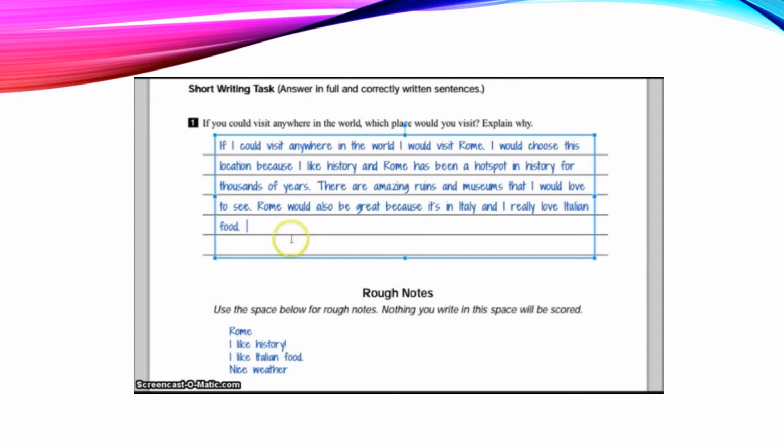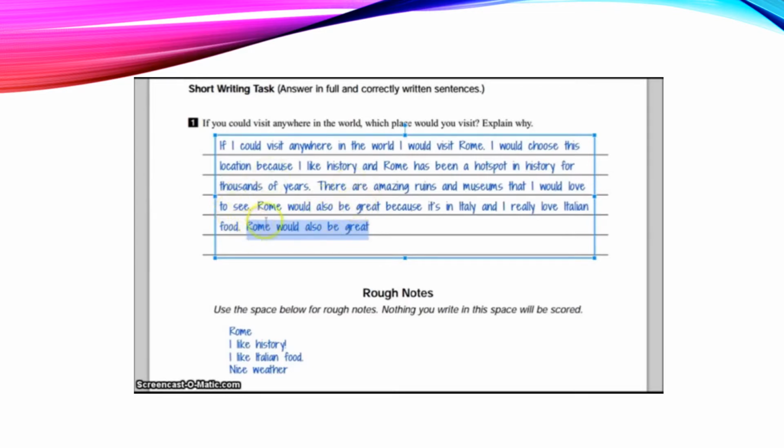But I'm going to leave it at that and then move on to nice weather, because I can see I only have two lines left. So with nice weather, I could say Rome would also be great, but then I'm repeating myself and it doesn't flow nearly as nicely with that kind of repetition. So I can mix up the order of the sentence.